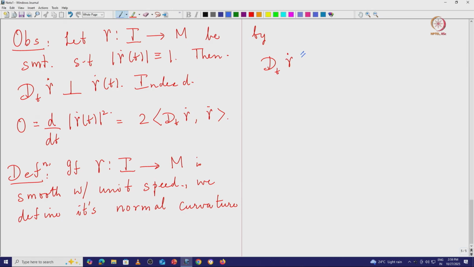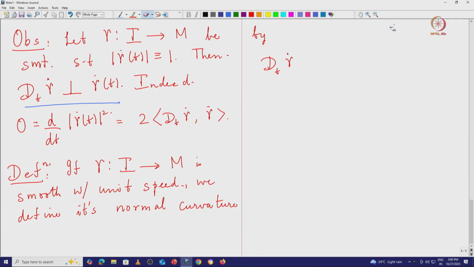So, technically this would be something times the velocity vector plus something times the normal vector, right, because at any given point the normal vector and the velocity vector span the tangent space, they are orthogonal and we are working with 2-dimensional vector spaces. But because of this calculation and the fact that the intrinsic acceleration is perpendicular to the velocity vector, it will not have any component along the velocity vector.